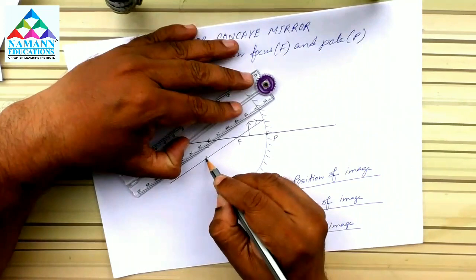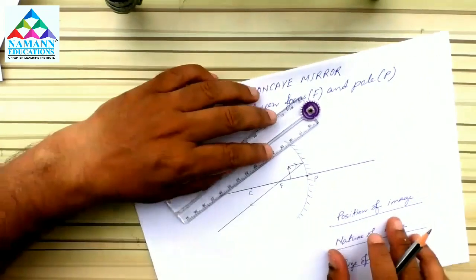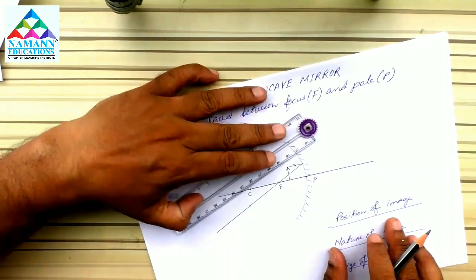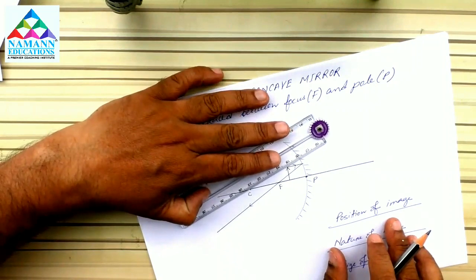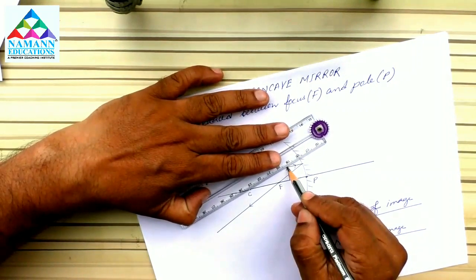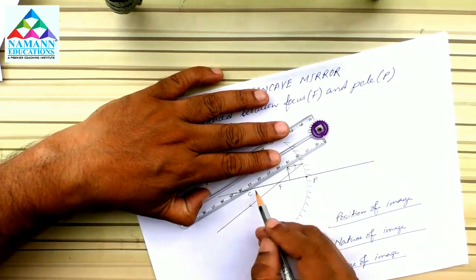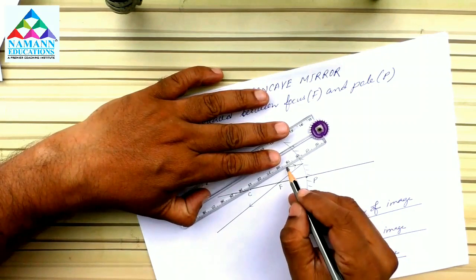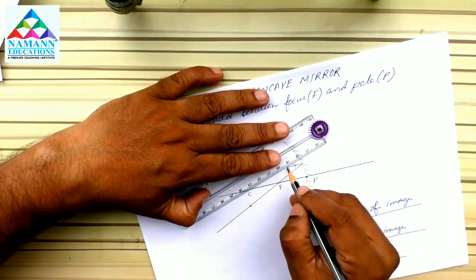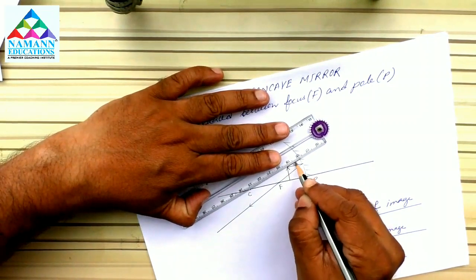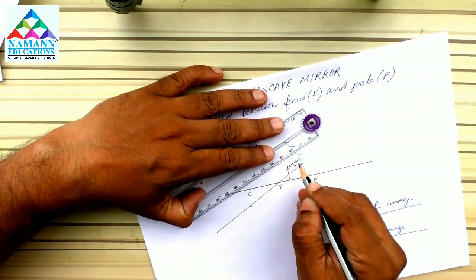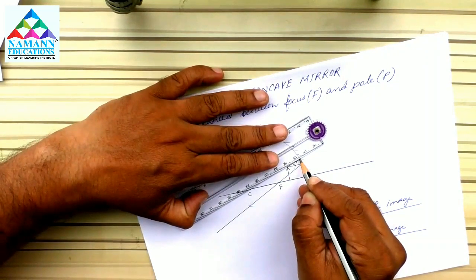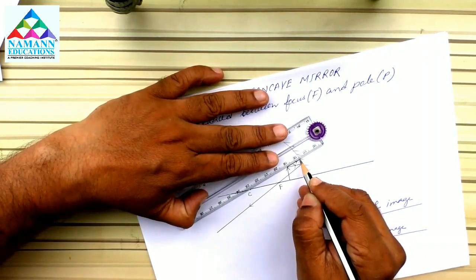and I am considering another light ray incident normally. And normal incidence, we know that after reflection will pass through center of curvature. So I am touching these 2 points with the scale. A ray of light incident normally. This light ray after reflection retraces the path and passes through center of curvature.